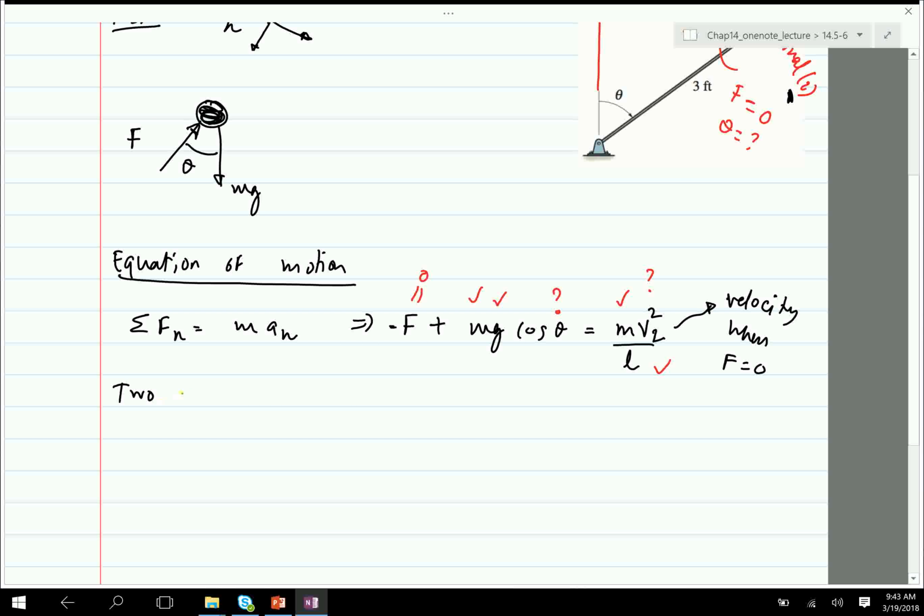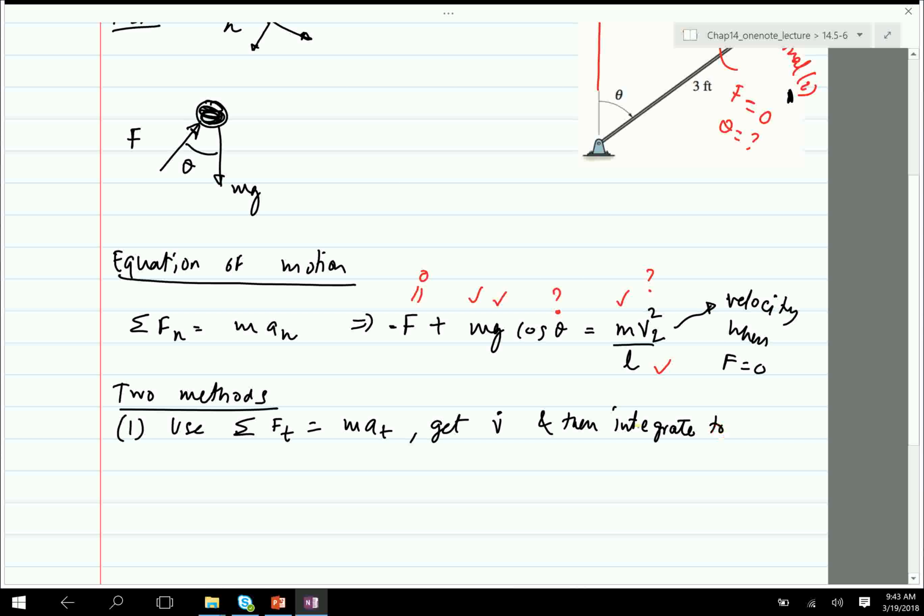So two methods. One, use Ft is mass times At, get V dot, and then integrate to solve for V2.